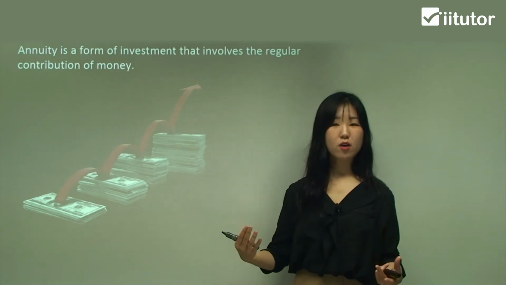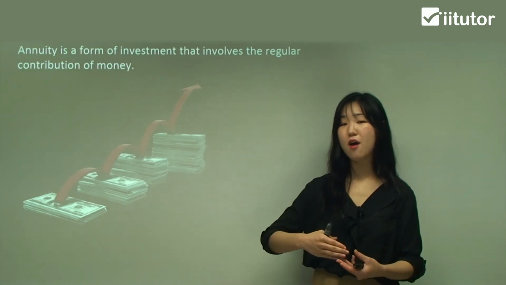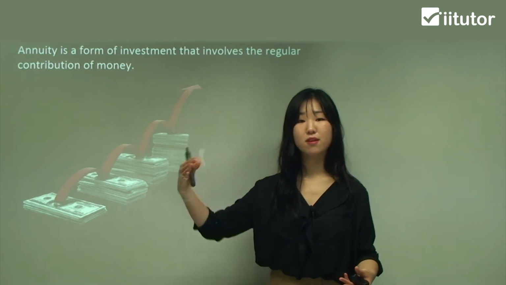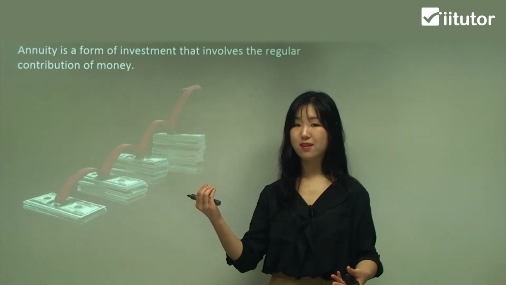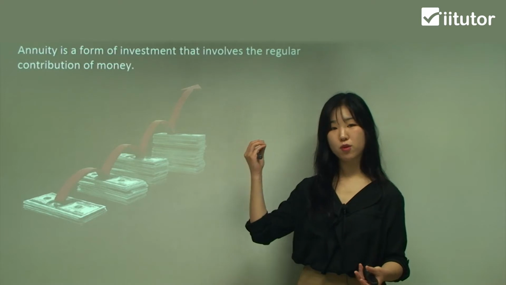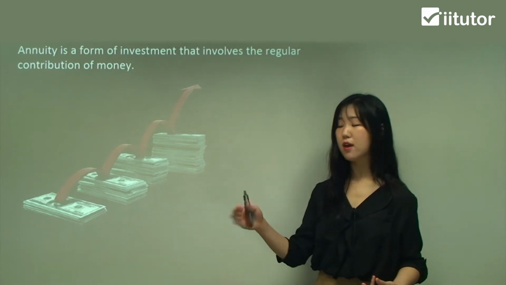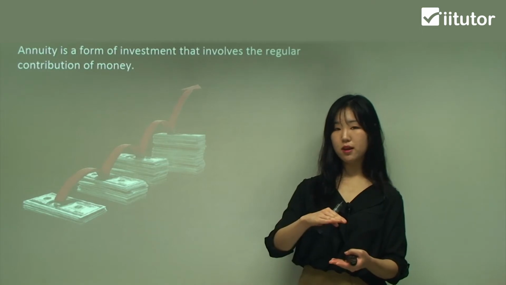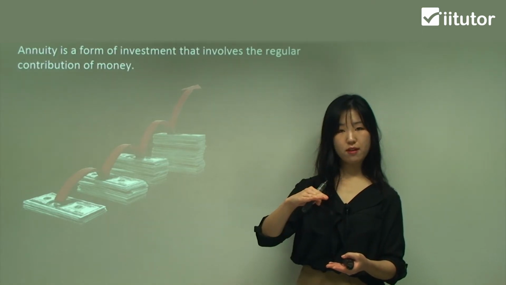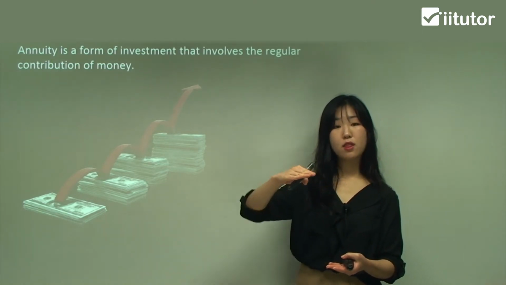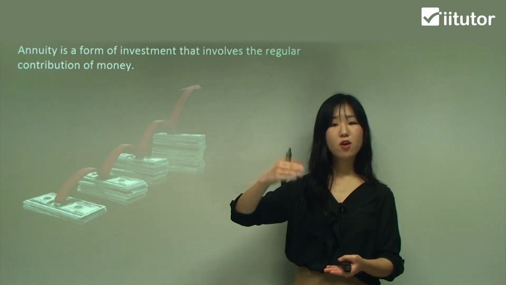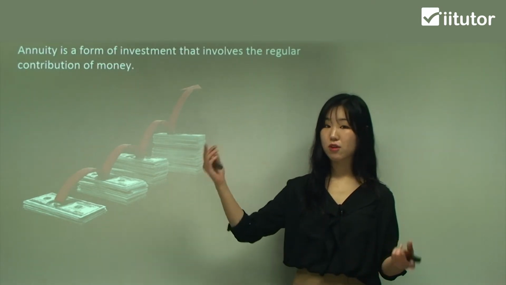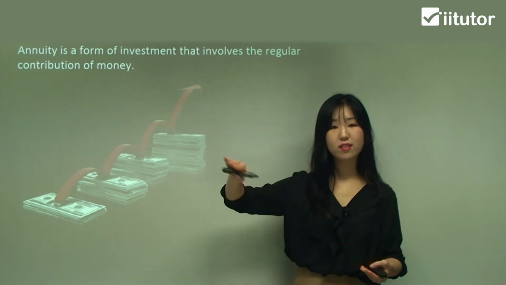Remember how our compound interest formula shows us how our investment increases at the rate of that interest rate because we power it to the period, don't we? Now it's a similar concept. When we invest, put in a certain amount of money, we get interest on top of that. We put in more money and then we get more interest on top of that. So it's kind of like an exponential growth rather than just a straight line growth.